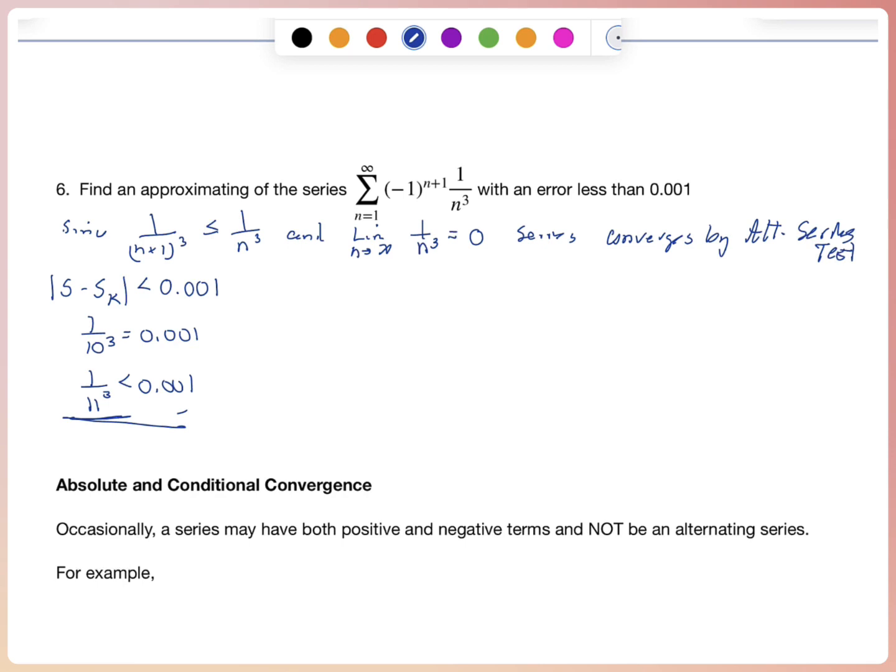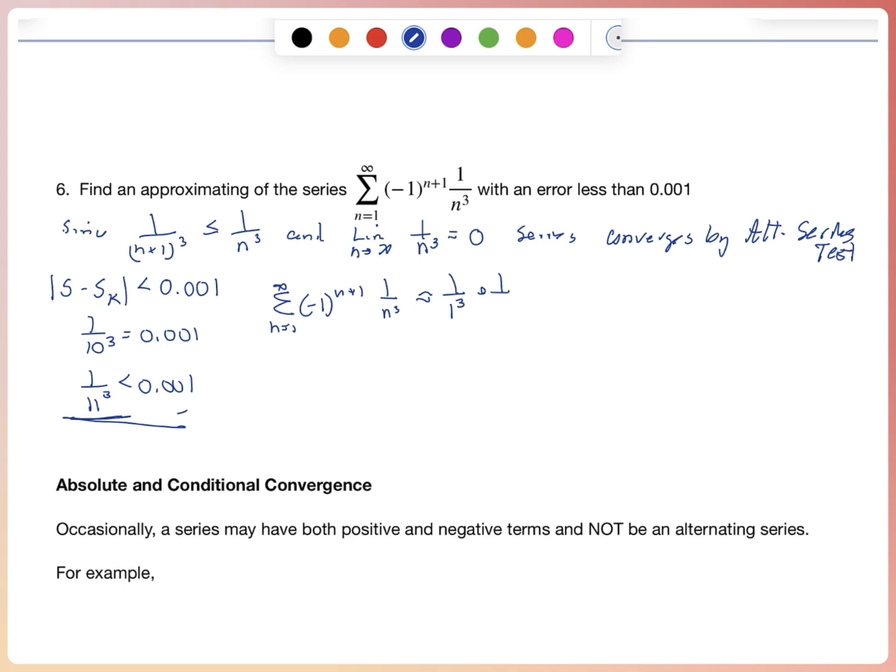So that means my n plus 1 term is going to be 11. So that means I'm looking at the series. We're going to approximate our series for the first 10 terms.